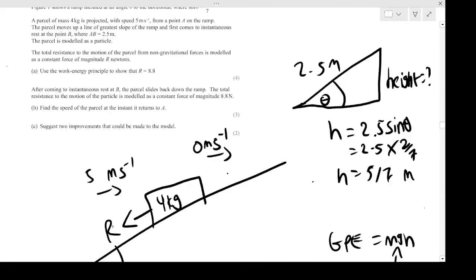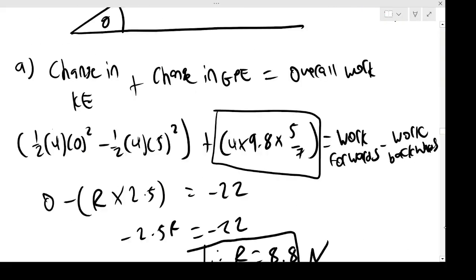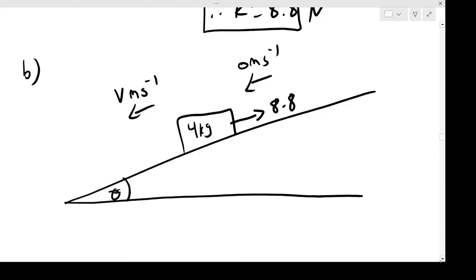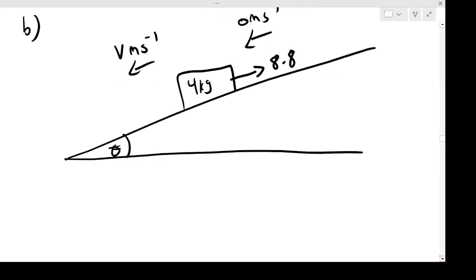Right. So with all of that, let's proceed to find the speed. Again, we can consider the work energy principle.